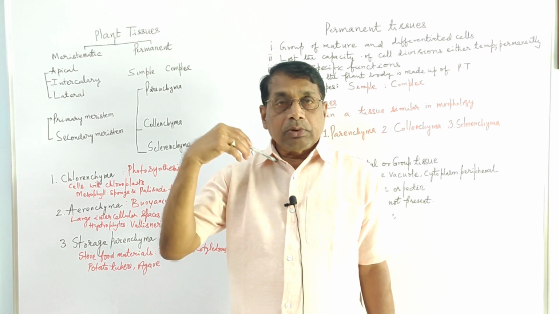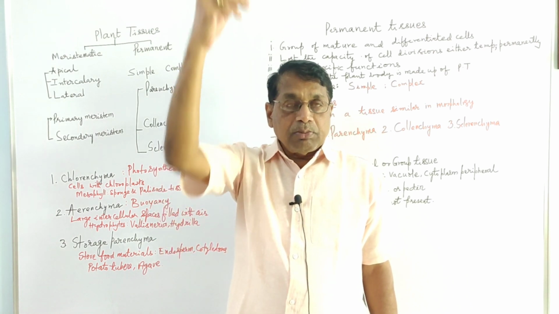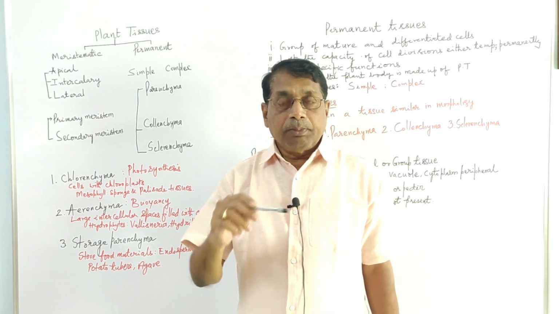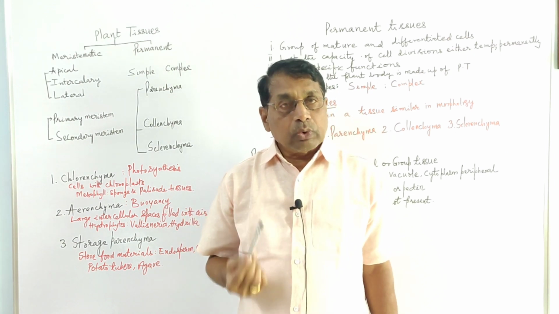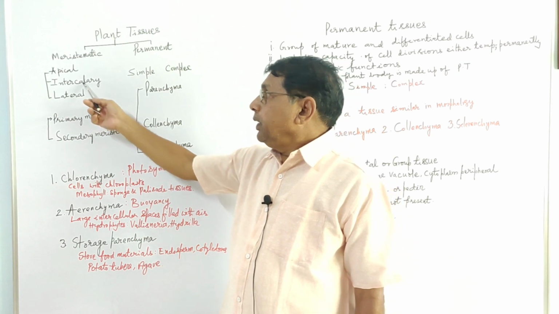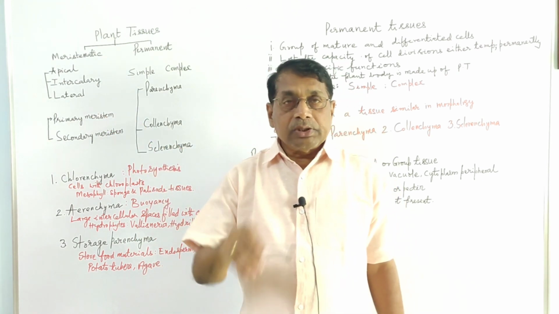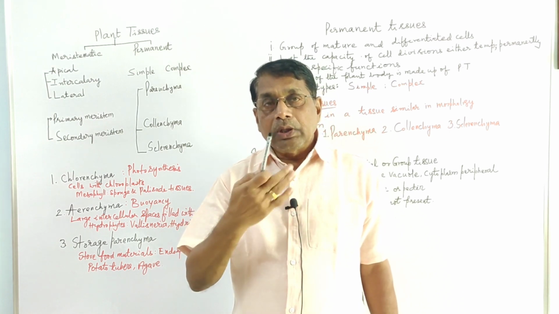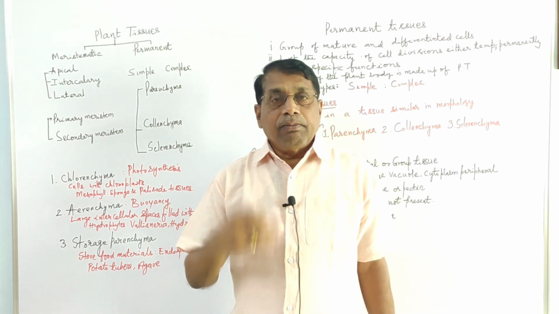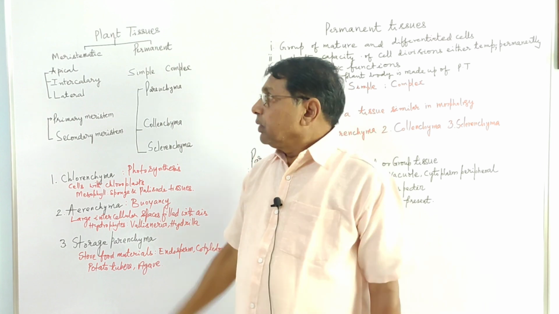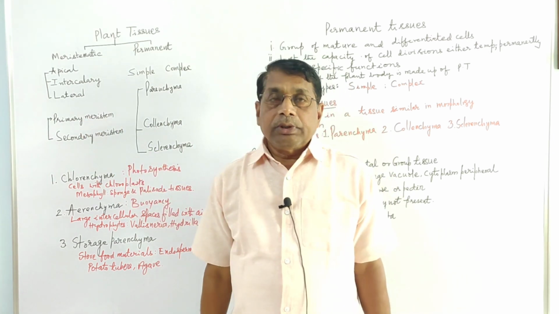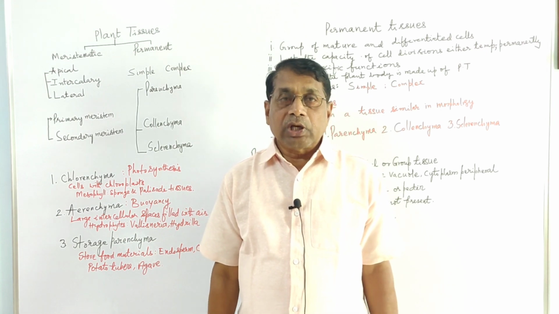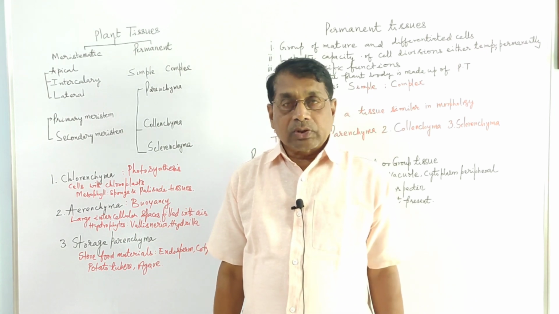Apical meristem is present at the stem apex and root apex, the apices of the shoot system and root system. Intercalary meristem is present usually at the nodes in the grasses, below the leaf base. Whereas lateral meristem is nothing but cambium, present between the xylem and phloem of vascular bundles.